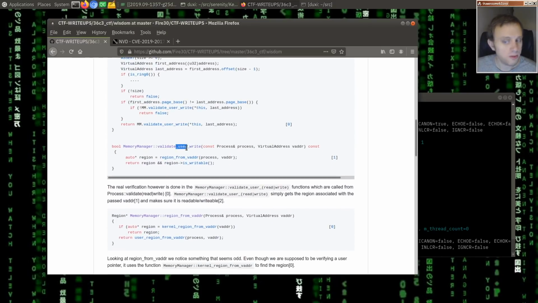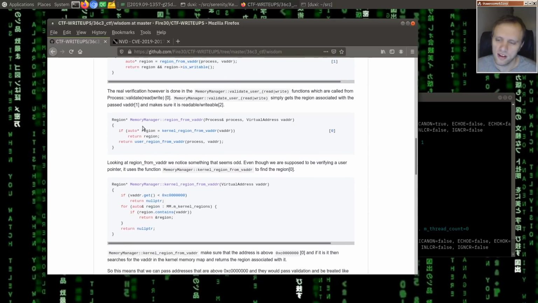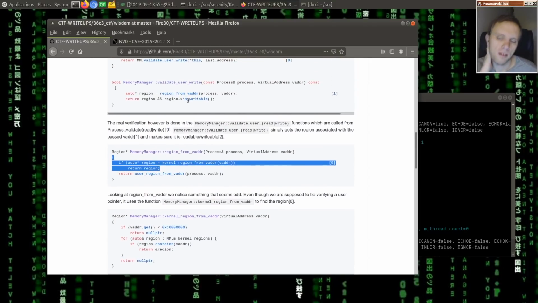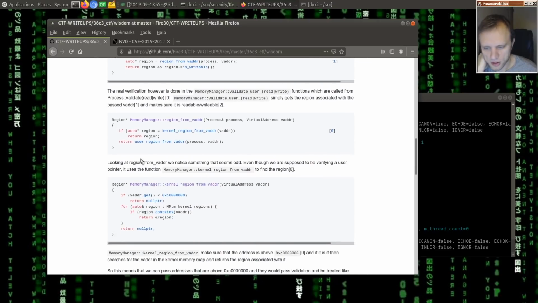So this is a user space write access calling this, and it finds a kernel region, not a user region, and it only looks at whether it's writable or not. So this is the bug right here: the fact that we are even considering kernel regions when we are checking if a user space write access is valid. We definitely should not be doing this.